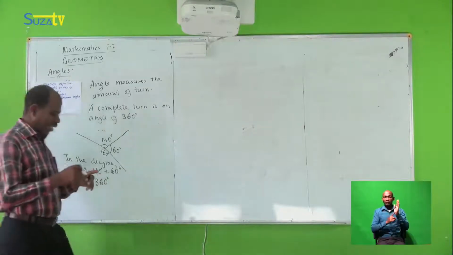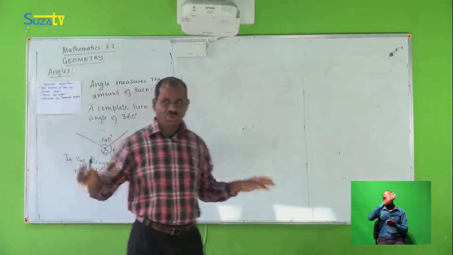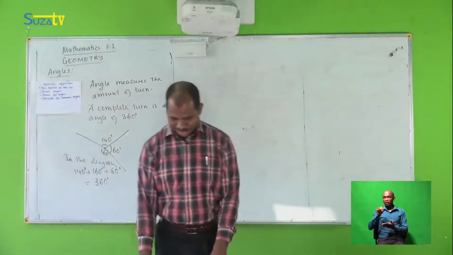So again, a complete turn has a total of 360 degrees.